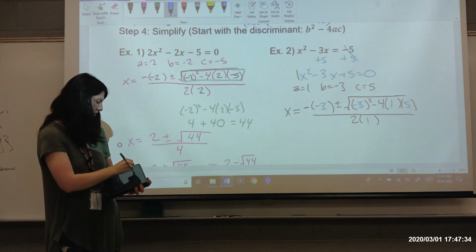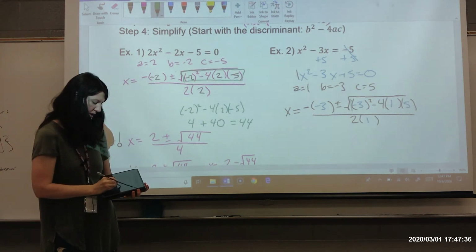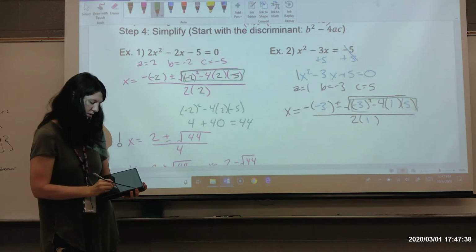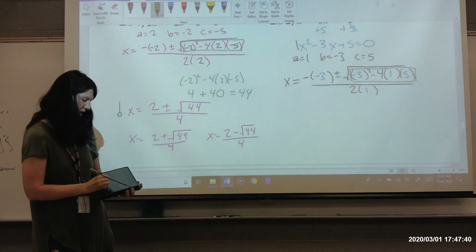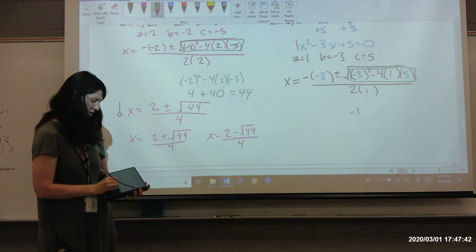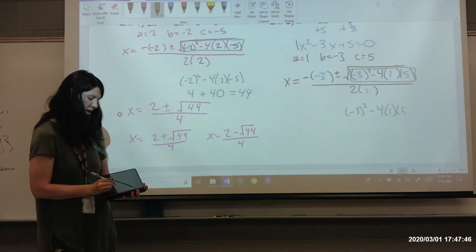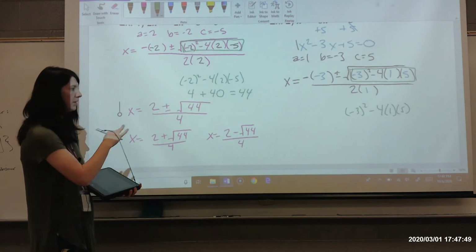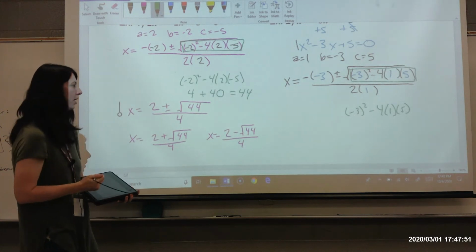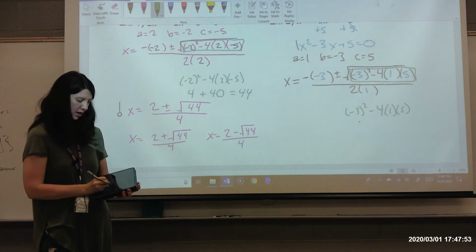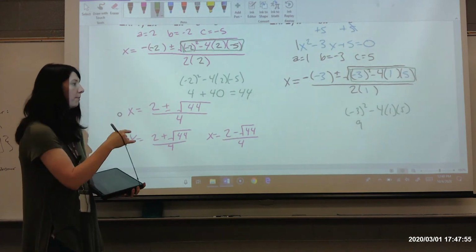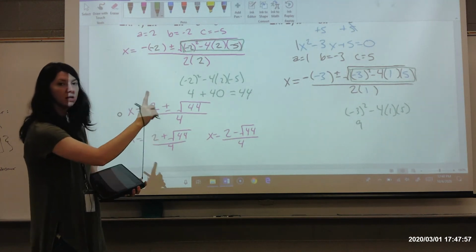Start with your discriminant. So inside the square root, we're going to evaluate what that is. So negative 3 squared minus 4 times 1 times 5. Again, a calculator can help you here. You would type it exactly the way you see it. I'm going to do it by hand. Negative 3 squared is 9. Then remember, it's not minus, it's negative 4 times 1 times 5.